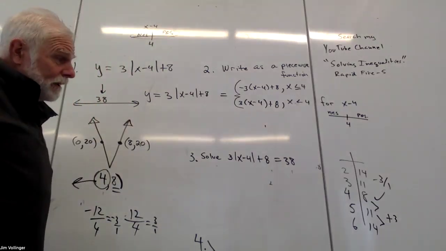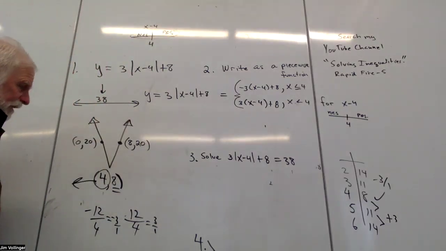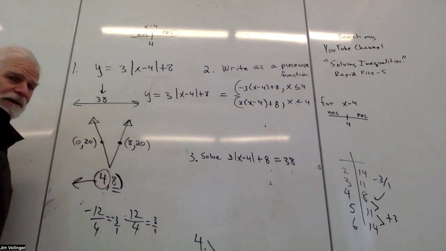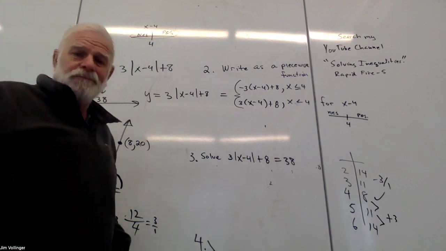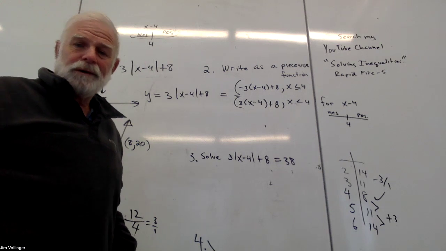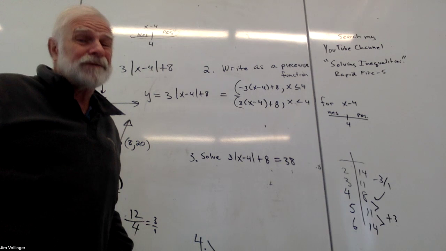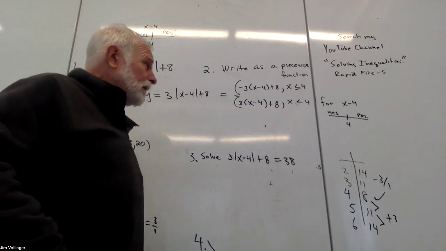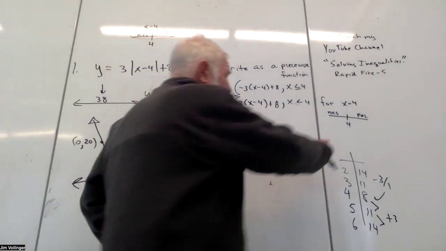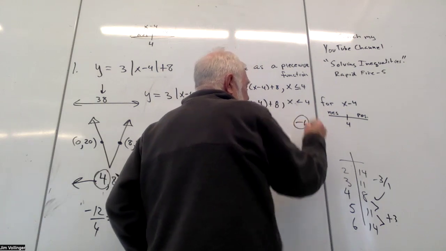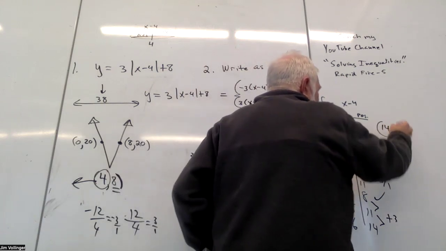All right, so we need 30 units of change from 8 to 38, and for every change in x of 1, our y values are changing by 3. So I think that's 10 jumps of 3. So we're 10 units away from the number 4. We should be at -6, and we should be at 14 as answers.